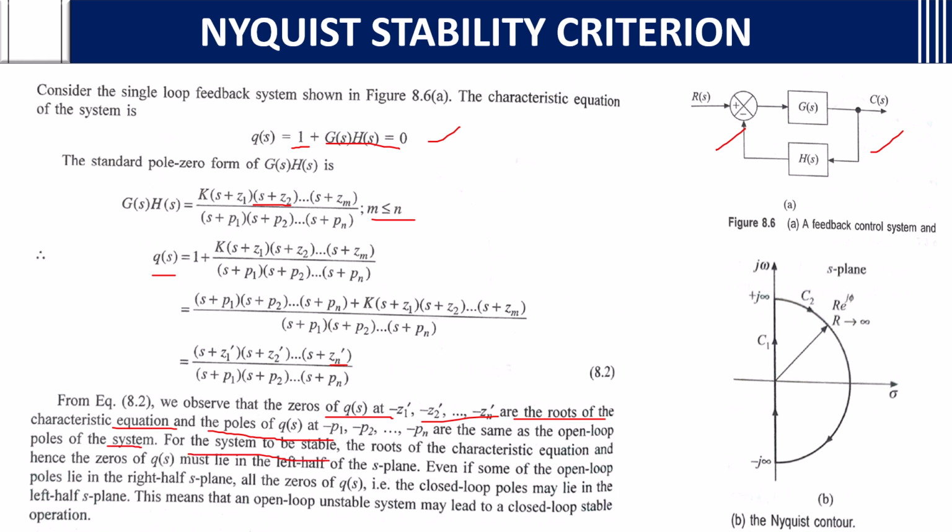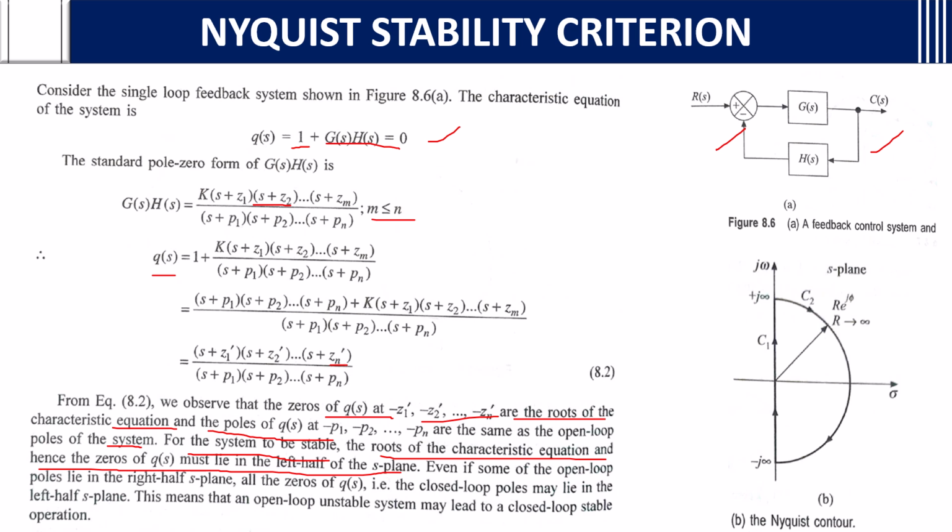To make the system stable, the roots of the characteristic equation, and hence the zeros of Q(s), must lie in the left half of the s plane. We know this in the root criterion also. Even if some of the open loop poles lie in the right half of the s plane, all zeros of Q(s), that is the closed loop poles, may lie in the left half.